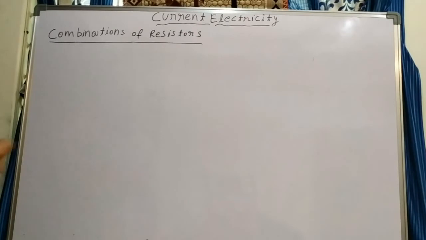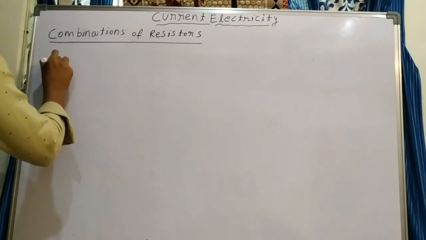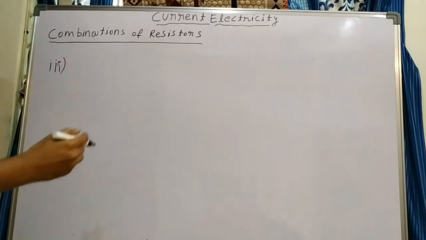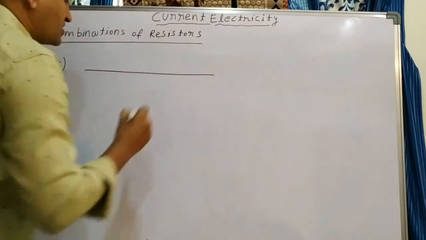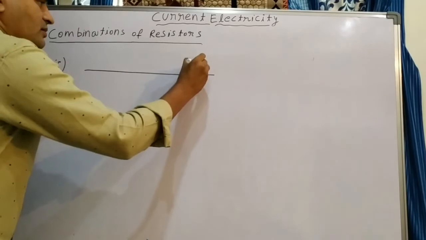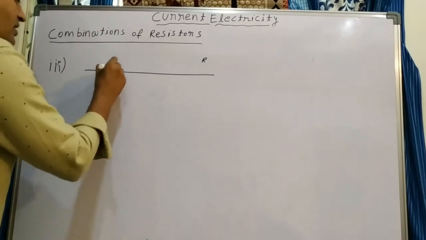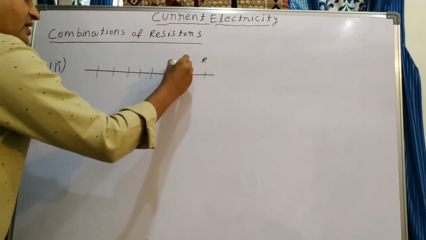Now see another application. Suppose you take a resistance wire of resistance R divided into n number of identical pieces.